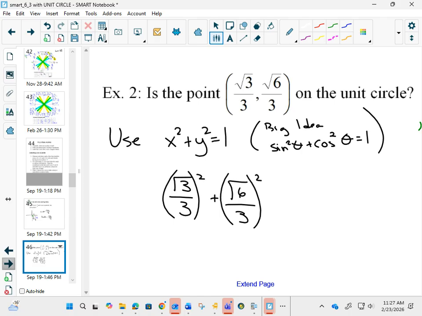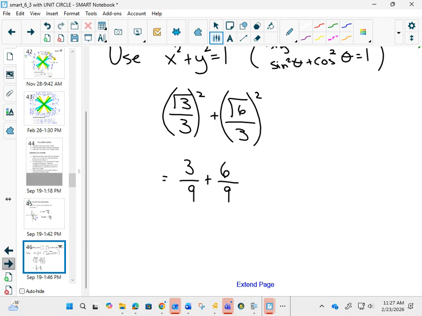We want to check what this is equal to. Square root of 3 squared over root 3 over 2 squared. If I square that, I'm going to get 3 over 9. If I square this, square root of 6 times square root of 6 is 6. And 3 times 3 is 9. It's going to equal 9 over 9, which is equal to 1.